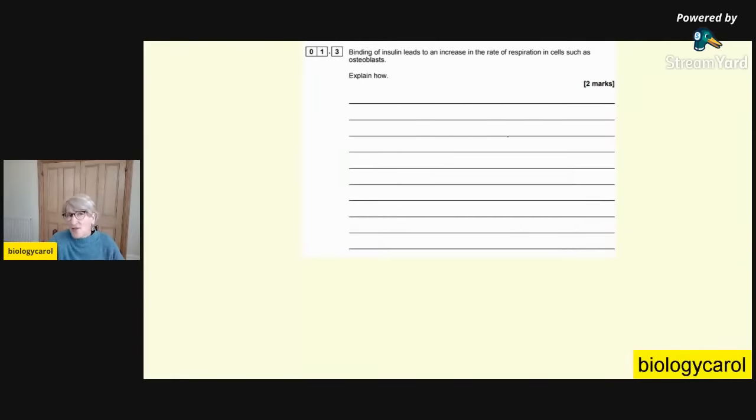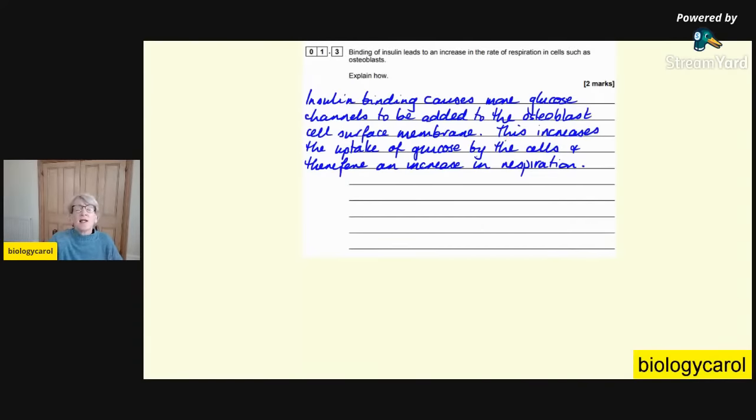So here I talked about, not surprisingly, that insulin binding causes more glucose channels to be added to the osteoblast. And you learn that in your regulation of blood glucose. You should have learned that insulin increases the number of glucose channels in body cells generally. And therefore, this increases the uptake of glucose, and glucose is required for respiration.